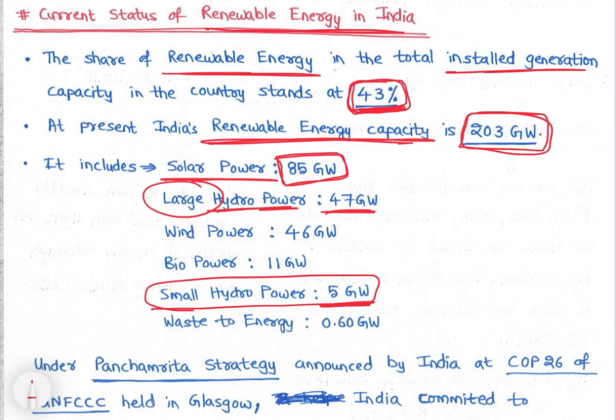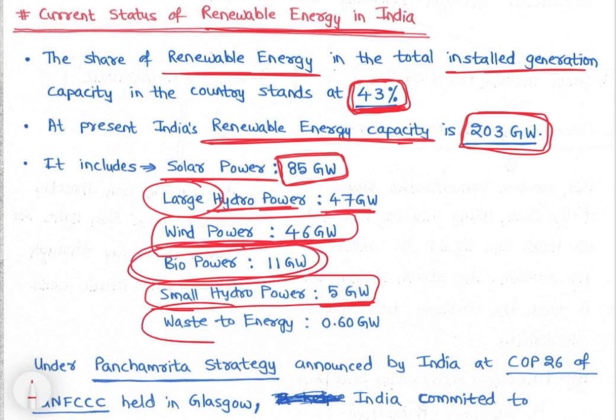Then wind power is 46 gigawatts, biopower is 11 gigawatts, and waste to energy is 0.60 gigawatts. So first is solar, then hydro, then wind, then biopower and the others. We need to remember the first three and this data.